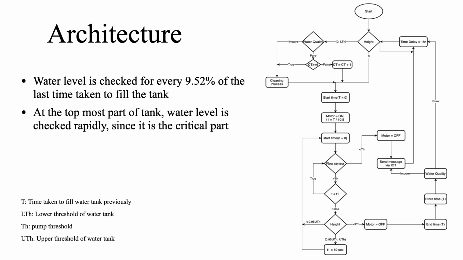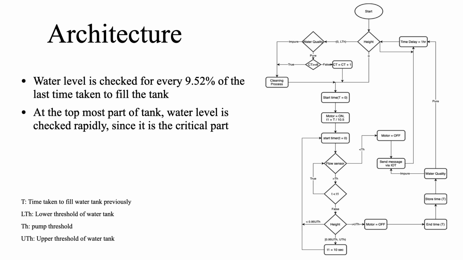We initialize the variable capital T equals to 0, and the water pump will be switched on, and we assign the variable T1 equals to capital T by 10.5, where capital T is the time taken to fill the water tank in the previous attempt.